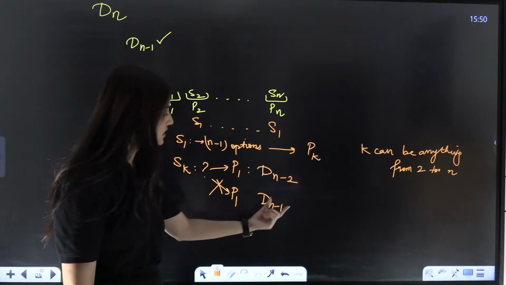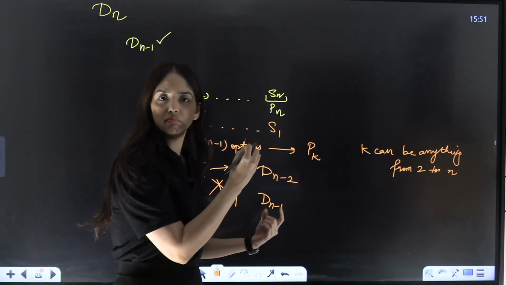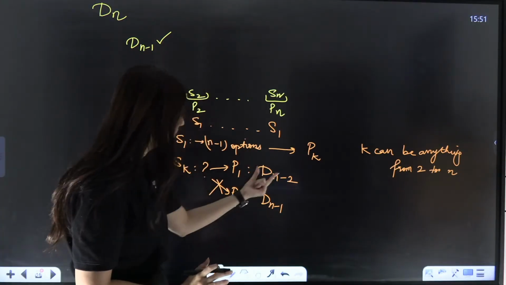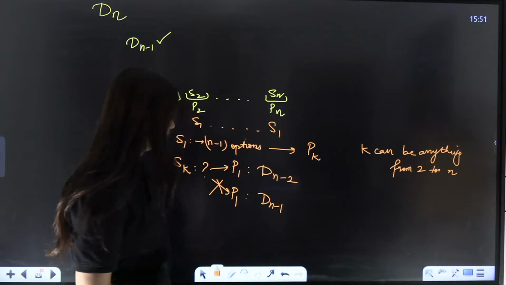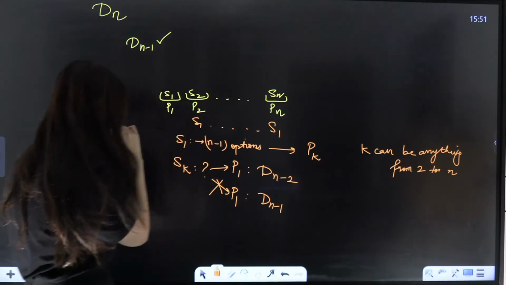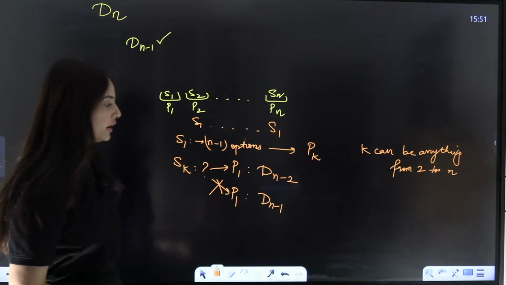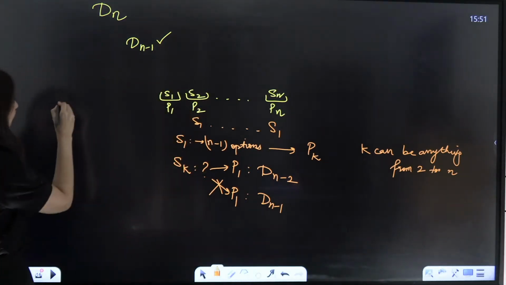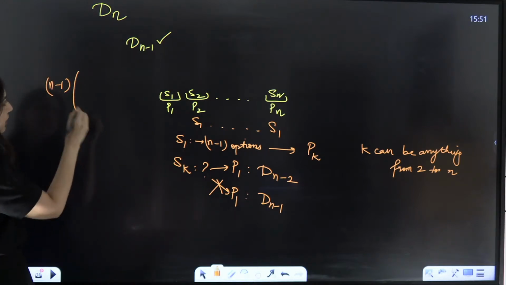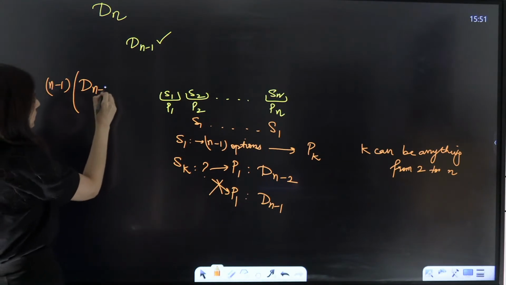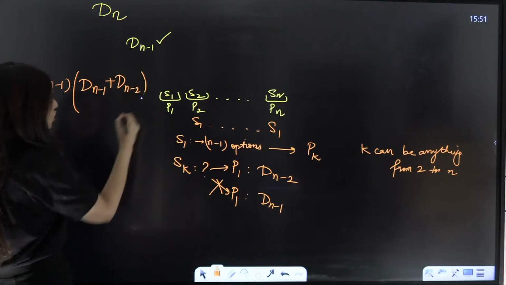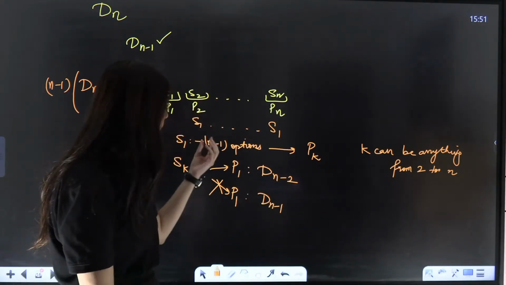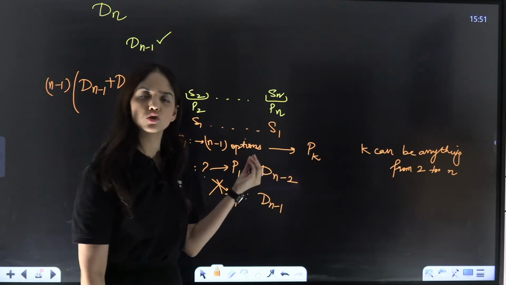It is the same as n minus 1 objects being able to go to their respective positions. So this is D(n minus 2) ways, this is D(n minus 1) ways, right? So for S1, I had n minus 1 options, and once I selected that, it was D(n minus 1) plus D(n minus 2), right?